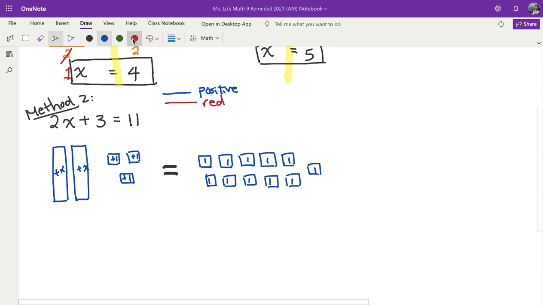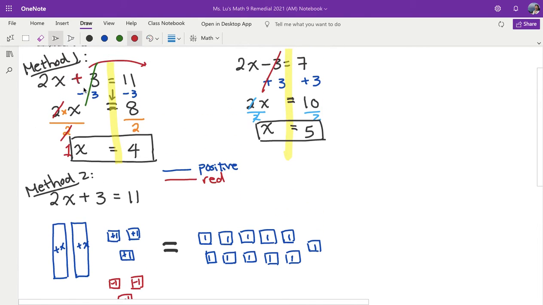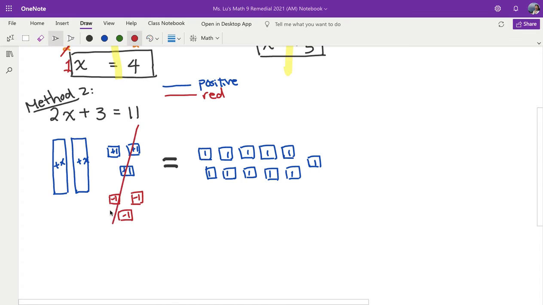Now, because I don't want the 3, I want to take this and shuffle it to the other side. By pushing that over, we're just going to add 3 negative tiles. The reason we use negative, as we said earlier, is so that we can get rid of them.